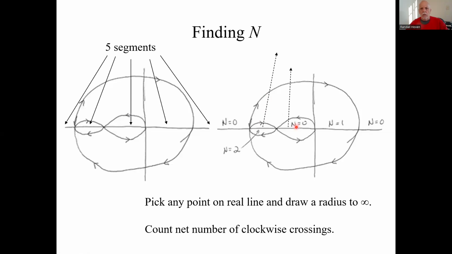In here, I have a counterclockwise, so that's a -1. And here is a clockwise, that's a +1. It nets to 0. So you're counting net clockwise, and if it goes counterclockwise, that's a negative. Here, there's just 1 clockwise, so N equals 1 there, and out here there's no loop, so N equals 0.